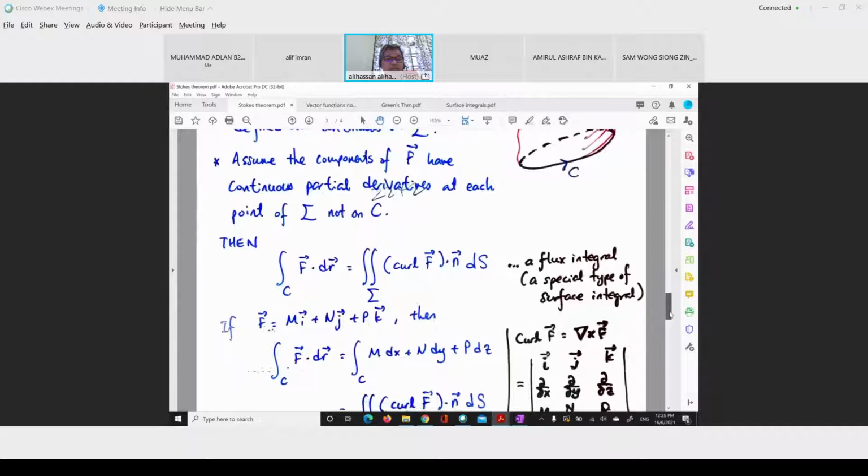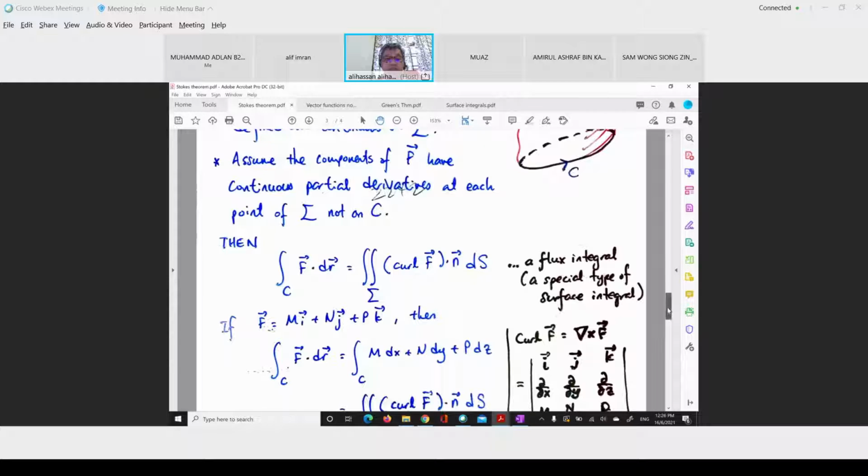So here is the result called Stokes' theorem. Then the line integral of the vector field F is equal to the surface integral of the curl of the vector field F dot the normal vector n dS over the surface sigma.